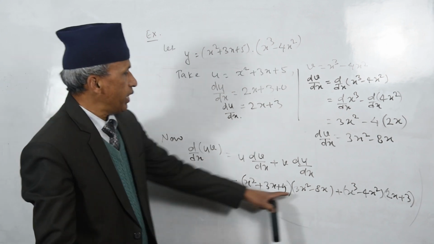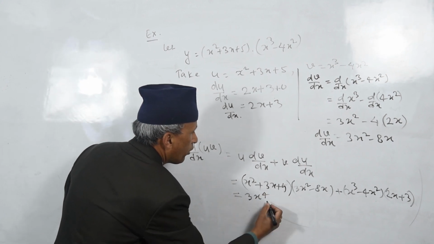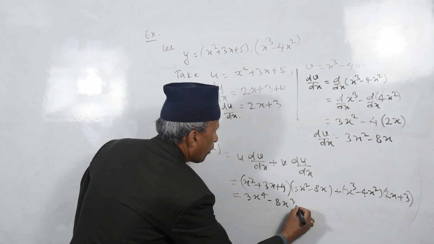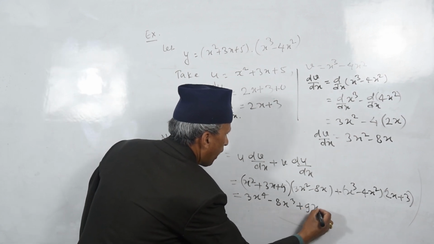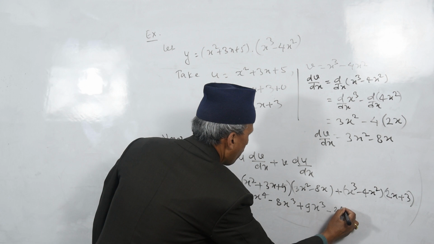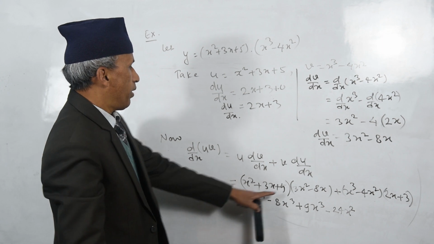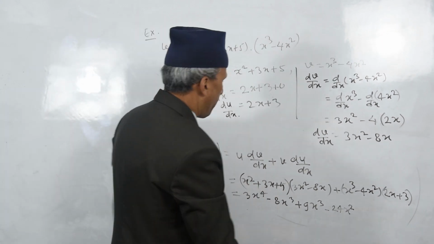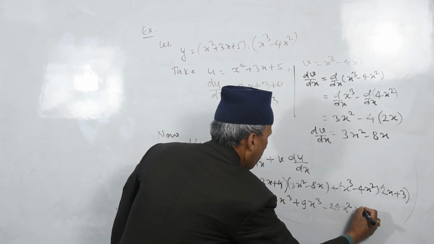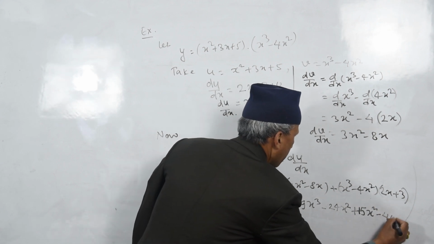By x square, just multiply these two: 3x to the power 4 minus 8x cube plus 9x cube by 3x we are multiplying, minus 24x square. By 5, if you multiply it by 5, then you will get 15x square minus 40x.